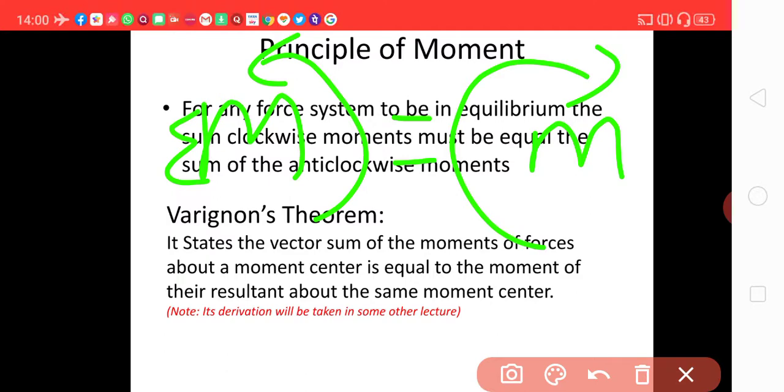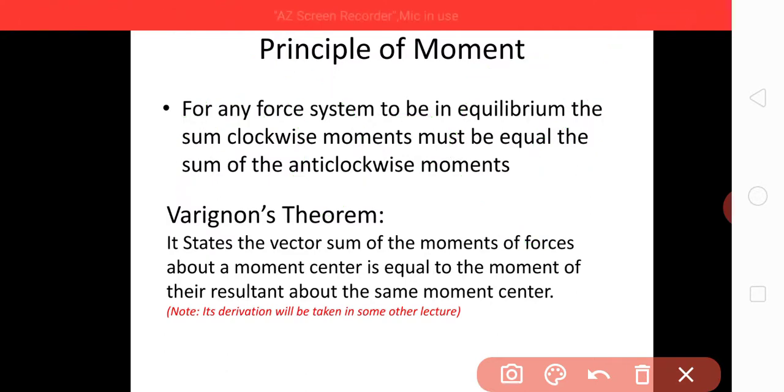Now let me proceed to the next, that is Varignon's theorem. Varignon's theorem is very important. It will be used in every sphere of engineering when we are analyzing something.